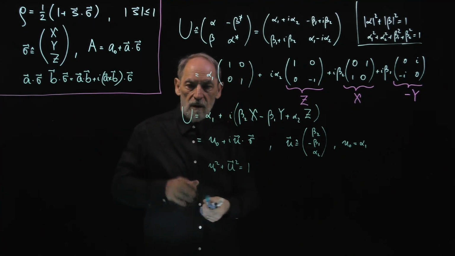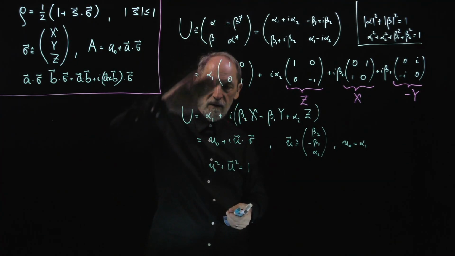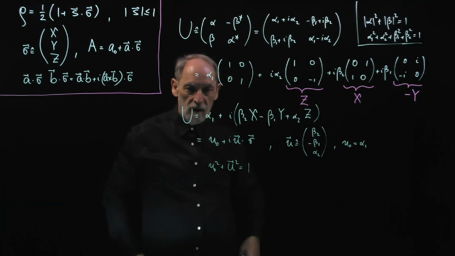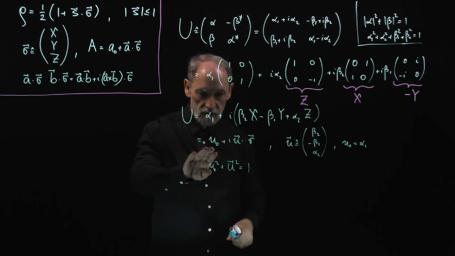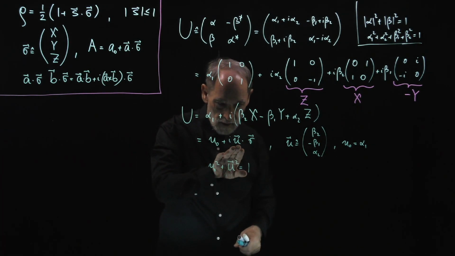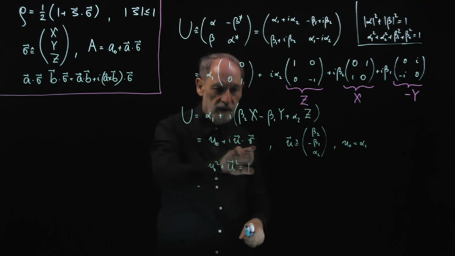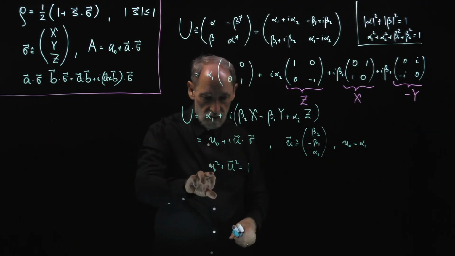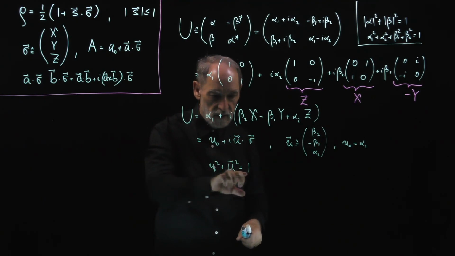So a unitary operator, and this is quite general, is of this form, with a multiple of the identity and a real vector multiplied by I dotted into sigma, with the condition that U0 squared plus the length of the U vector squared is equal to 1.